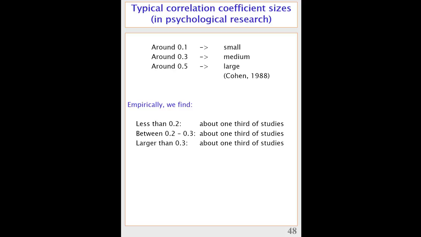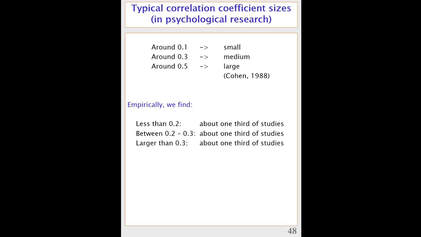And if you then actually look in all the psychological literature together at which kinds of correlations we find, then it's typically like this. About a third, we have values less than 0.2. About a third, we have something between 0.2 and 0.3. And in about a third, we have larger than 0.3. In a way, we argue the fact that we do not see many studies with correlational values of, let's say, 0.9 is also because very often then the finding is not interesting.